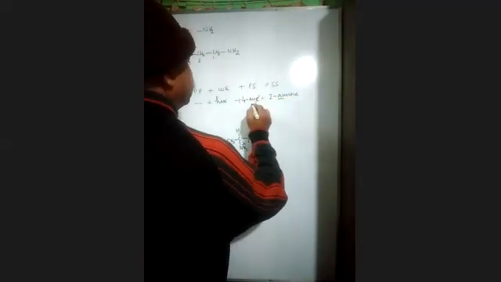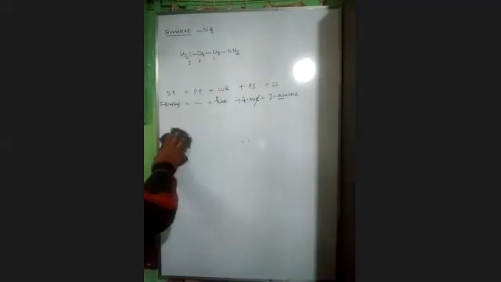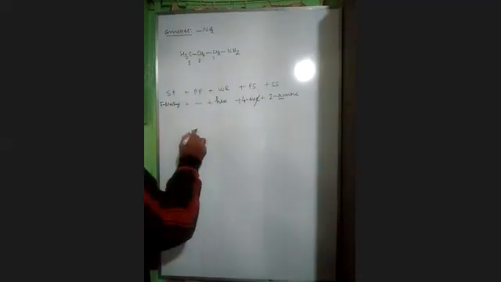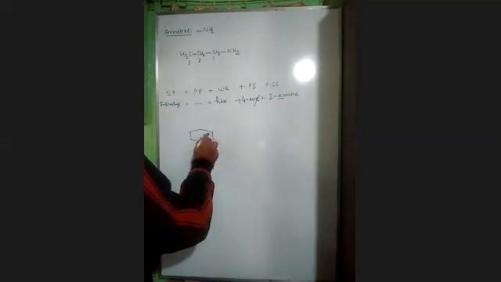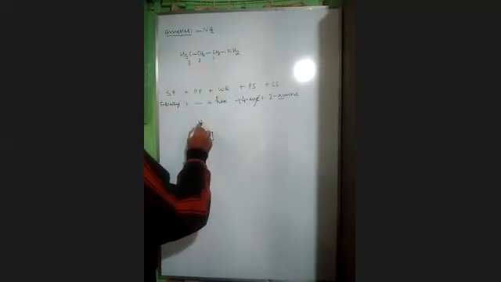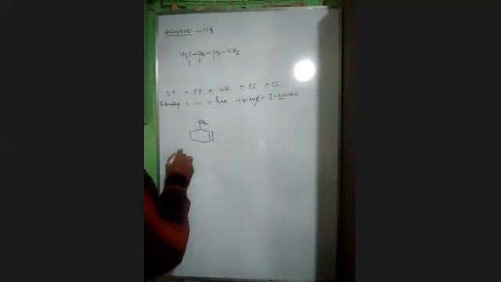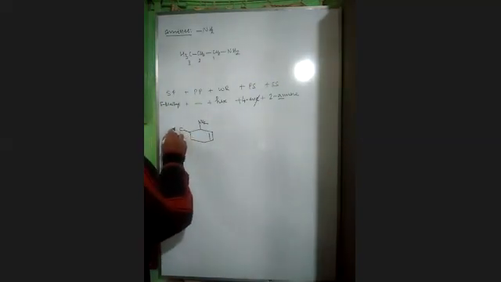This is a vowel, so this E will be dropped. So write down. Write the name of this.